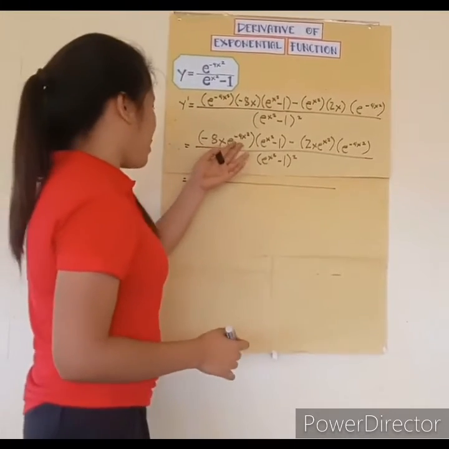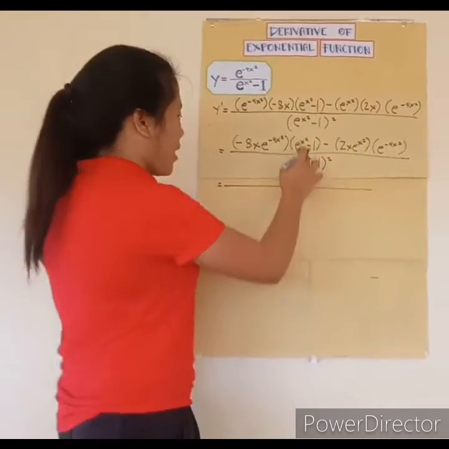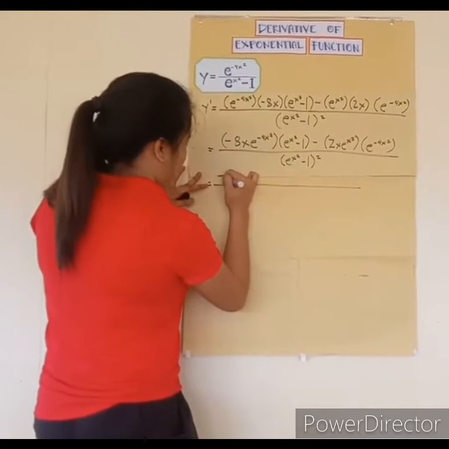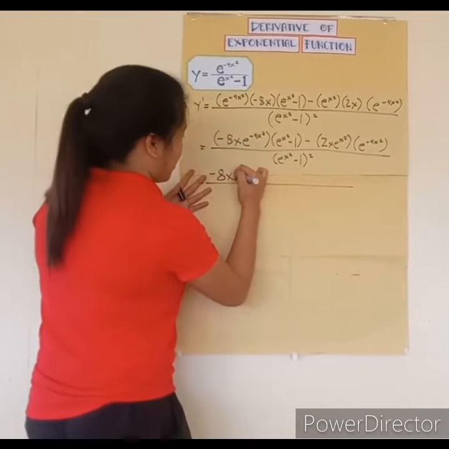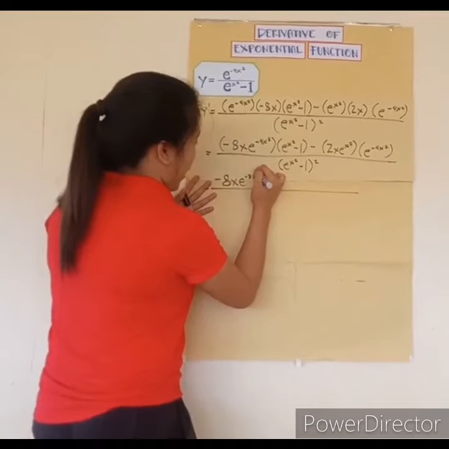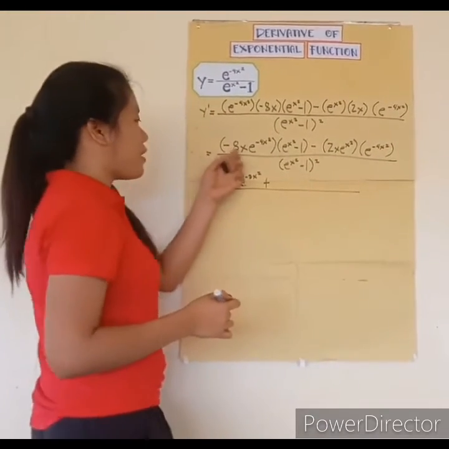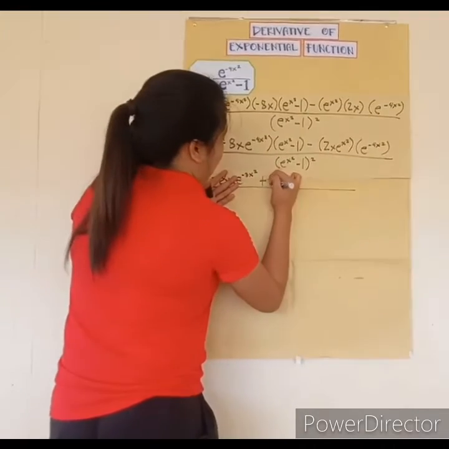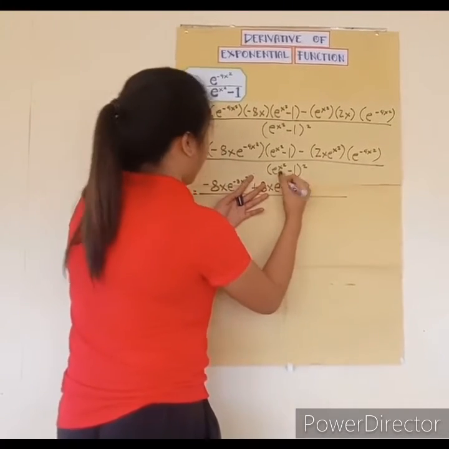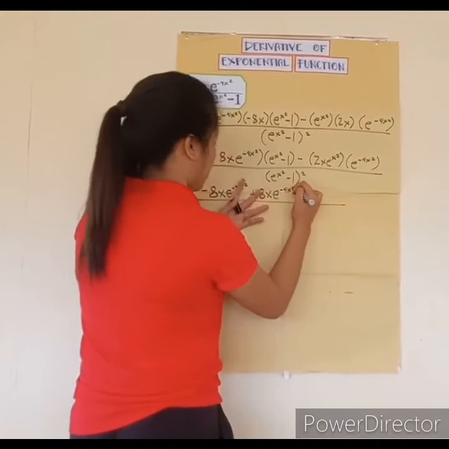Negative 8x e to the power of negative 4x squared multiplied by e to the power of x squared minus 1 will become negative 8x e to the power of negative 3x squared, plus, because negative times negative will become positive, 8x e to the power of negative 4x squared.